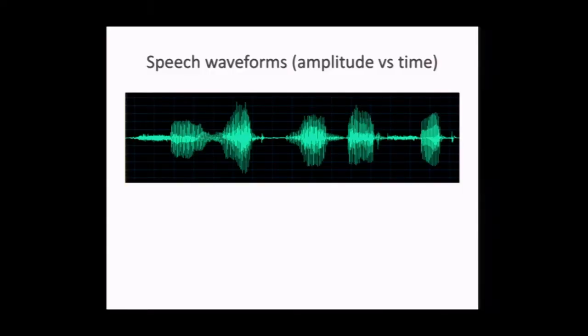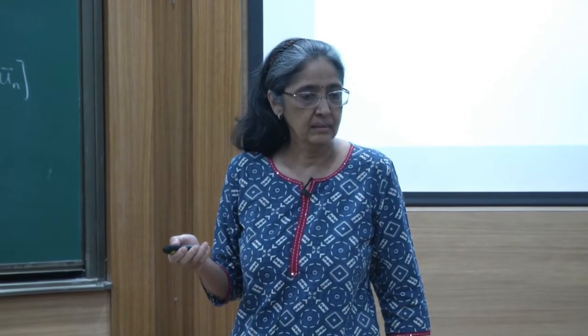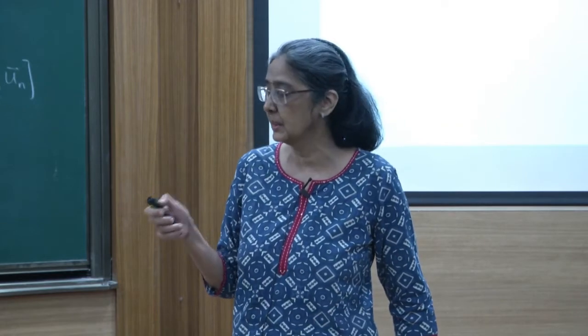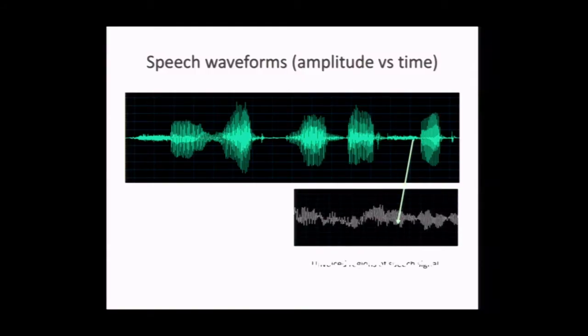Okay, what do speech waveforms look like? So this is what a speech waveform looks like. It's amplitude versus time. So this is if you recorded your speech, or otherwise you could look at the output of the transducer, then it would essentially have these kind of components, and you see that there is a lot of variation.